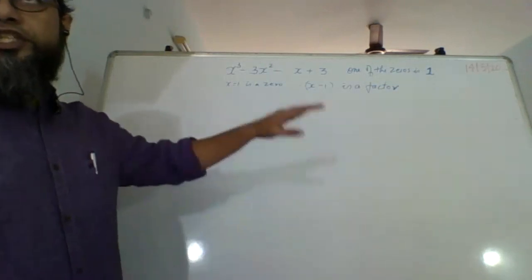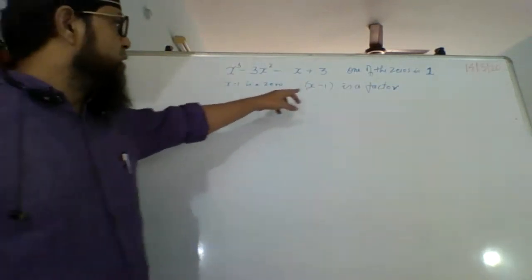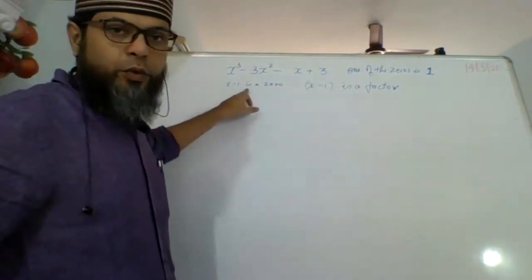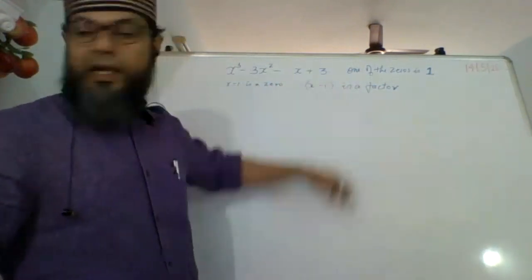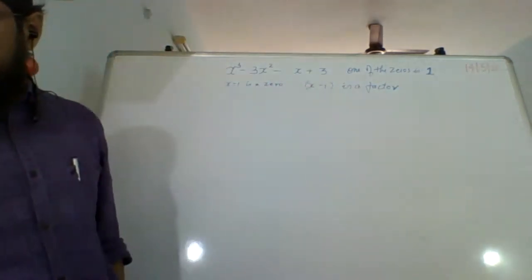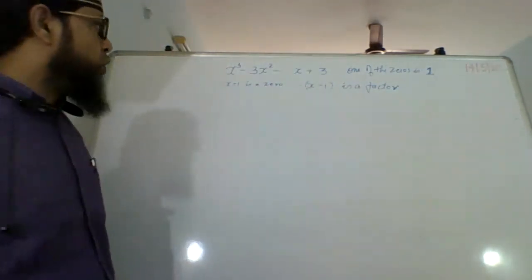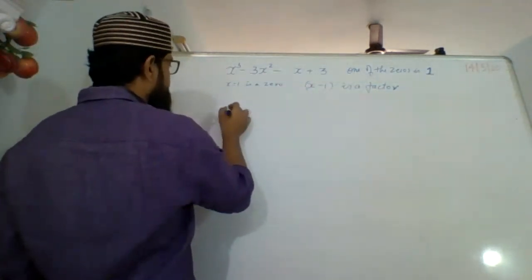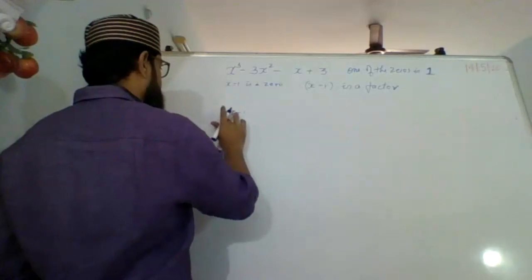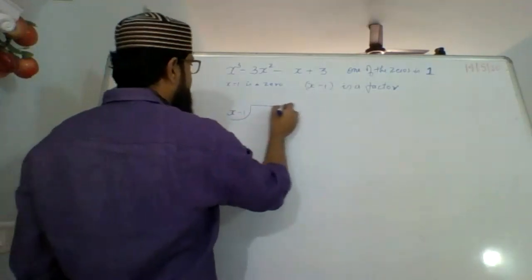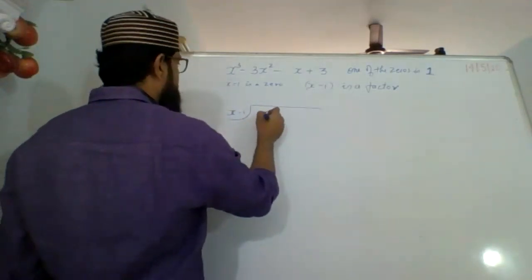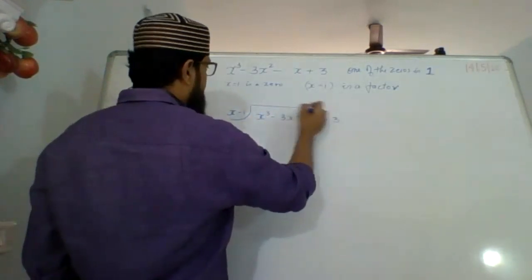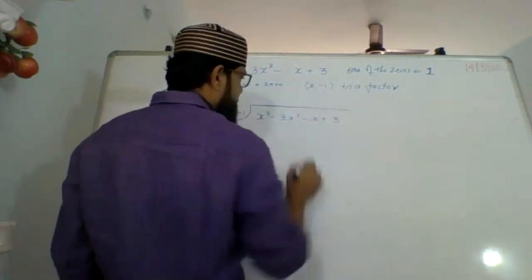Shift that to the left hand side, and it will become x minus 1 equal to 0. So x minus 1 is a factor. We take x minus 1 as a factor, and we divide x cube minus 3x square minus x plus 3. We have done this last year, division of polynomials.